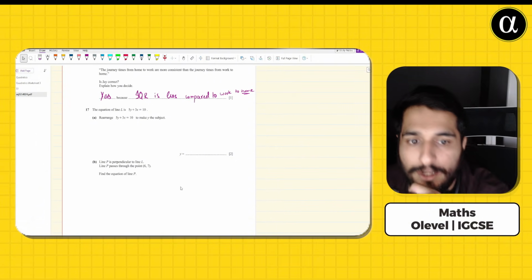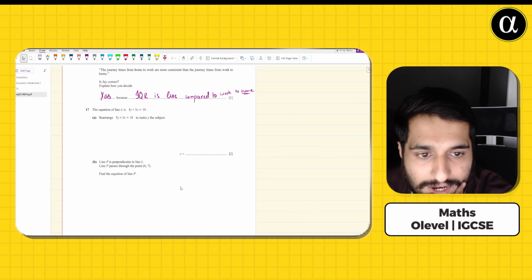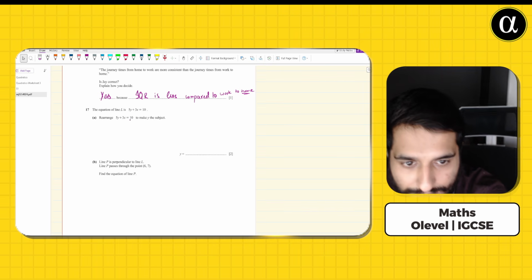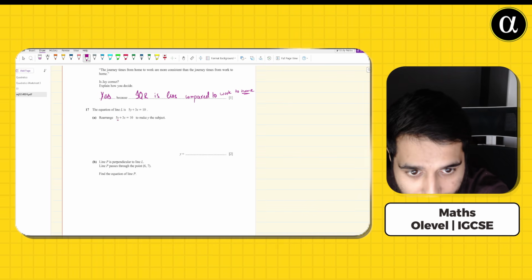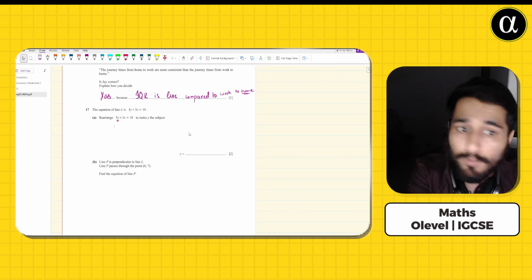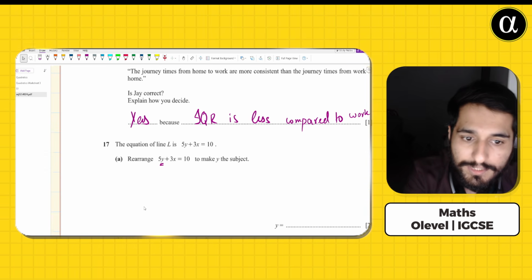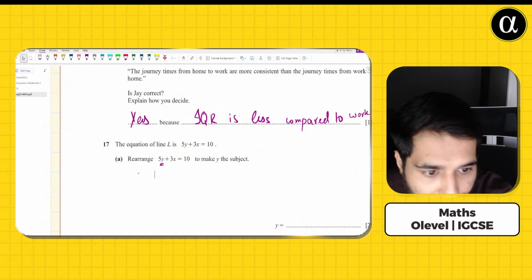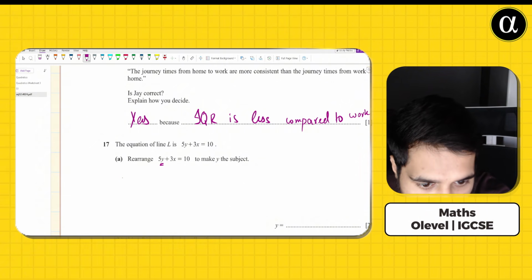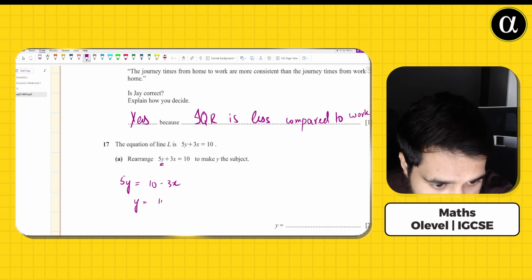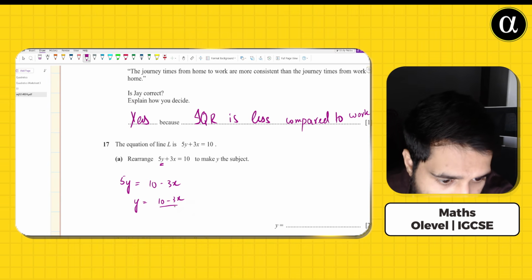Question 17 says the equation of the line L is 5y plus 3x equals 10, and then we need to rearrange this to make y the subject. So y needs to be alone. Now what will we do for this part? We will move all the other terms to the other side, so it's going to be 5y equals 10 minus 3x, and then y is going to be equal to 10 minus 3x over 5.